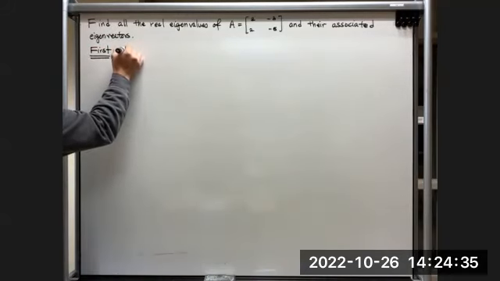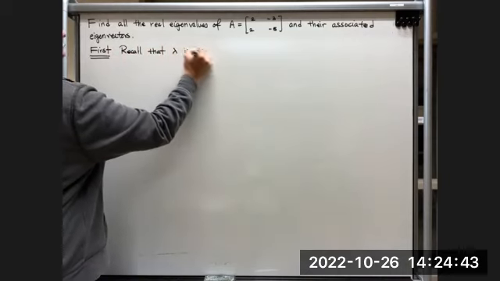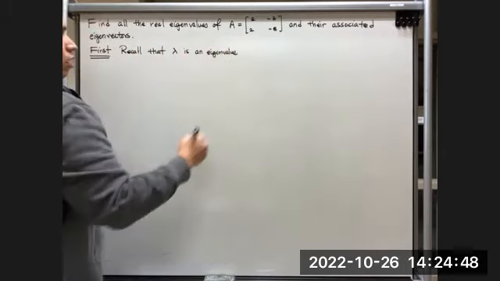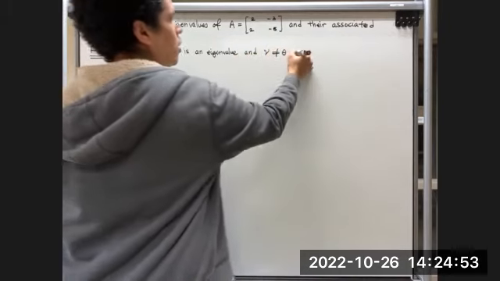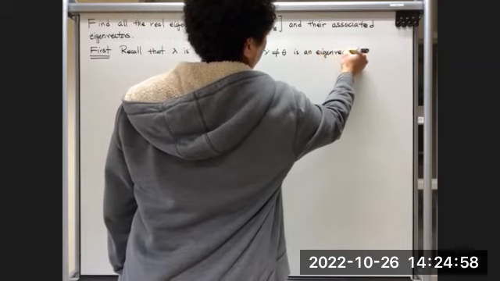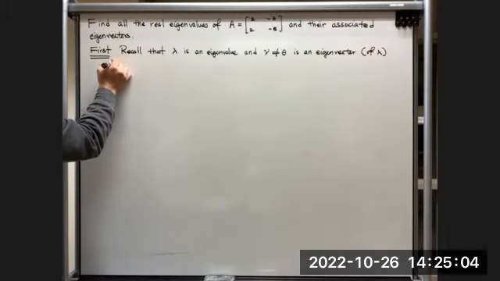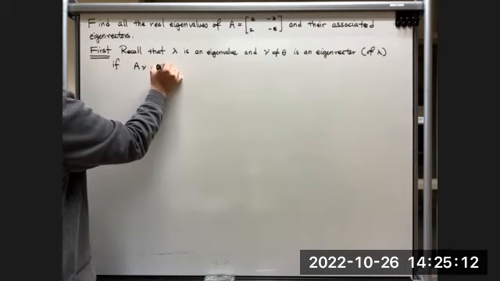what does this mean? Recall that lambda is an eigenvalue and v, a vector different from 0, is an eigenvector of lambda, of course, if the following equation holds: A times v is equal to lambda times v.